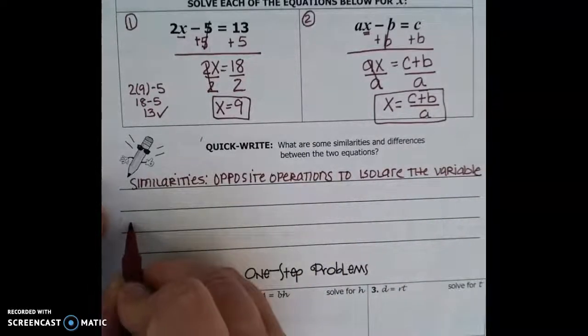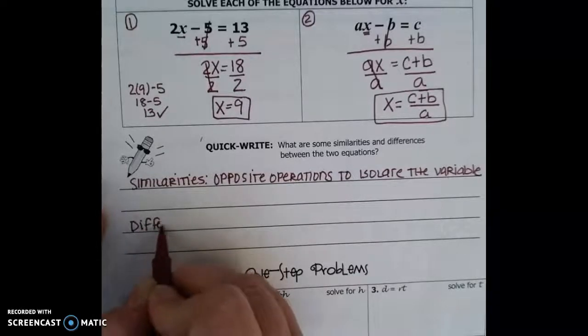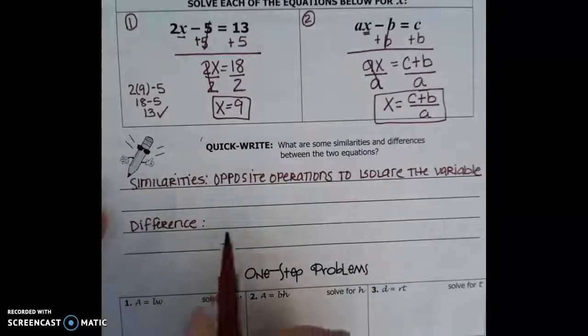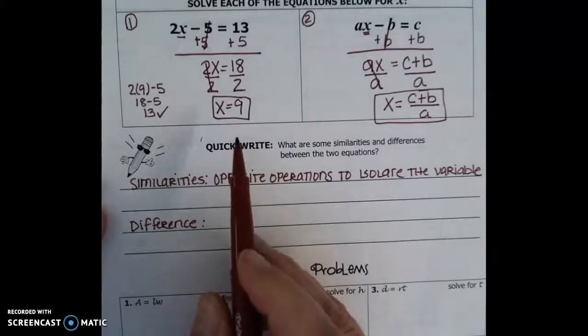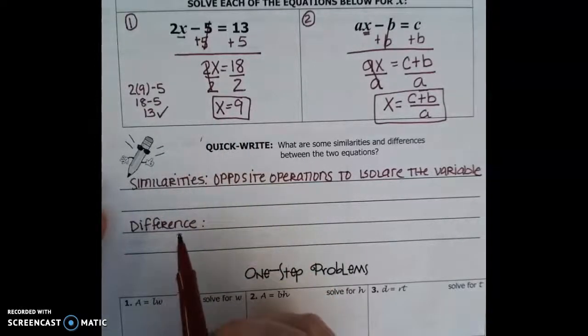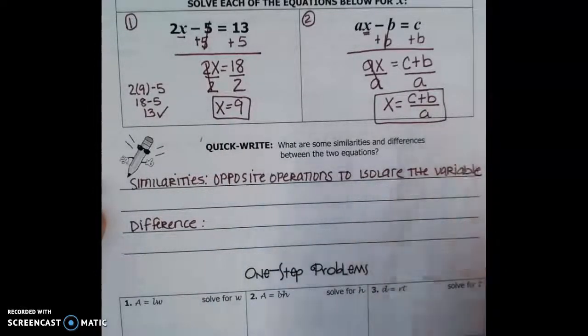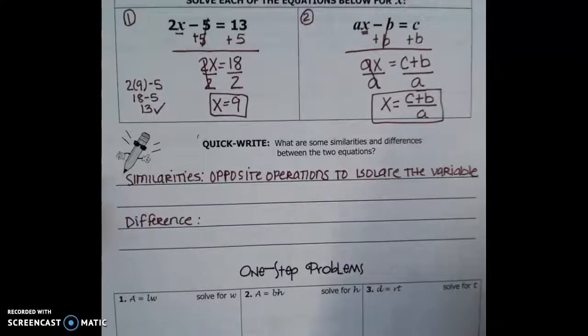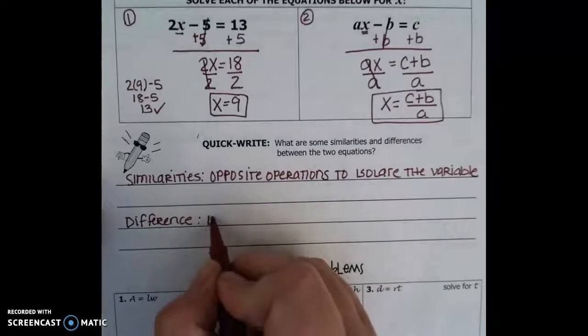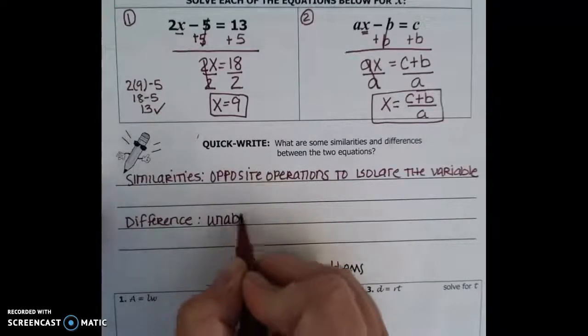And we have differences too. The difference is, in example 1, we're able to come down to this nice, pretty answer of 9 because we were able to combine like terms. Example 2 did not give us that opportunity because there were no like terms, so we're unable to combine like terms.